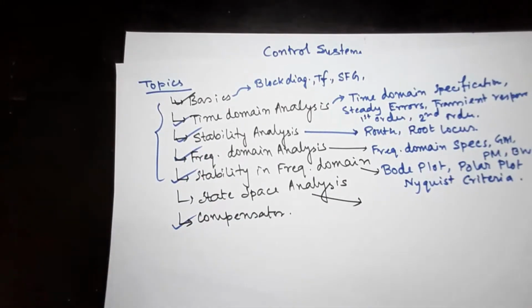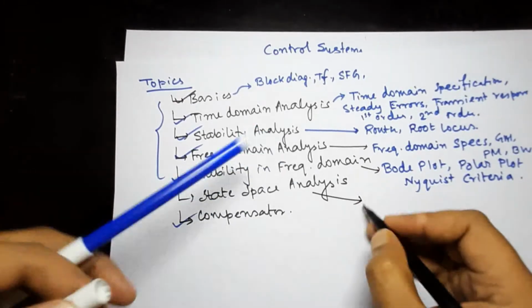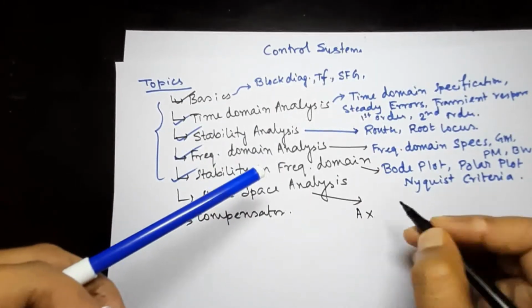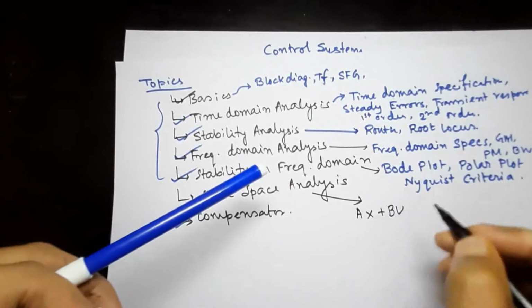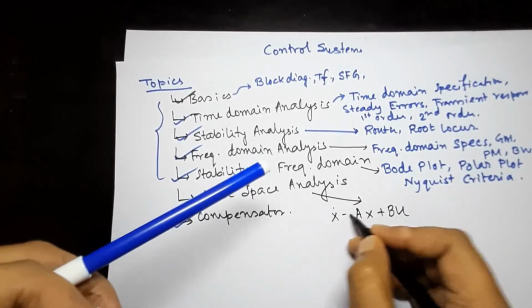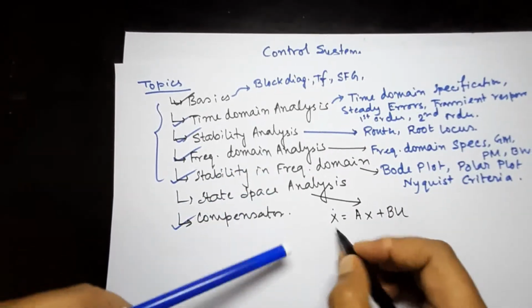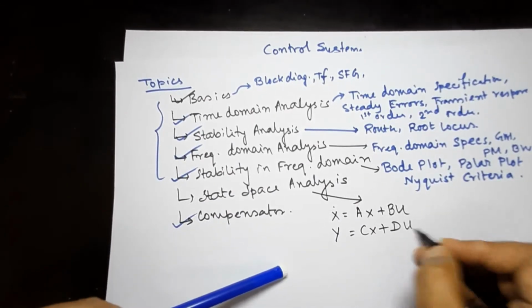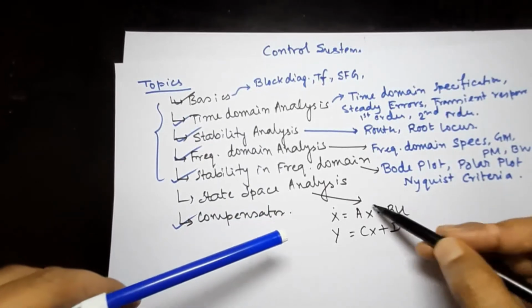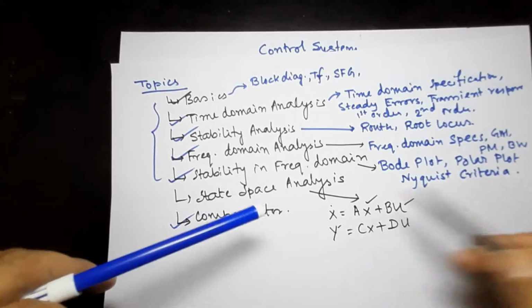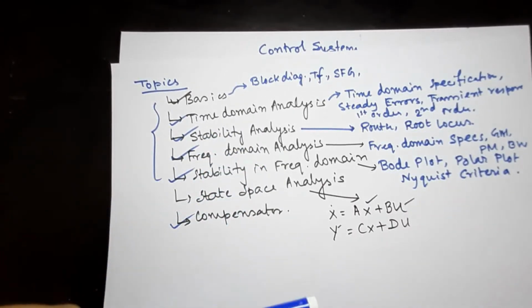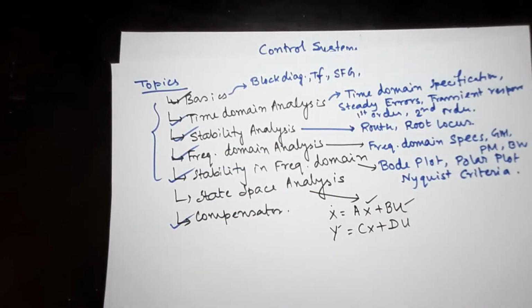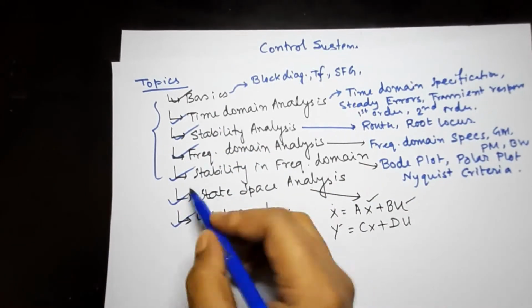In state space analysis, we will deal with the system with this kind of mathematical modeling. Okay, we will learn about state vector, input vector, output vector, etc., and then controllability, observability, and all that. So that will be state space.